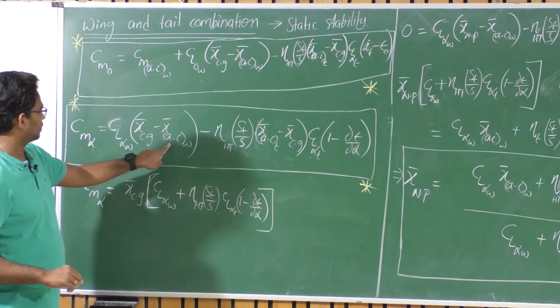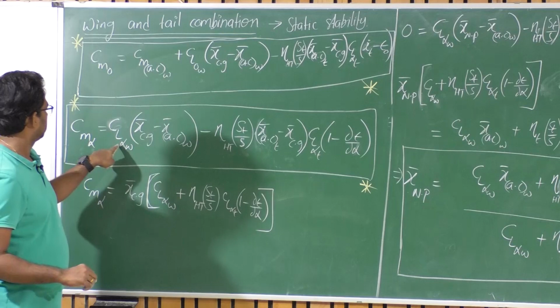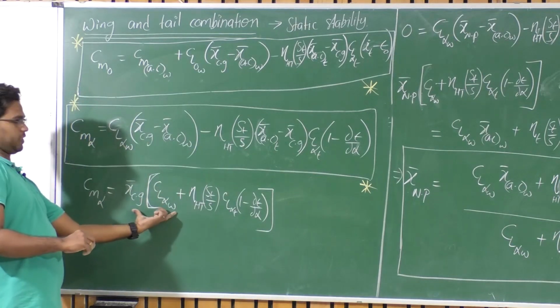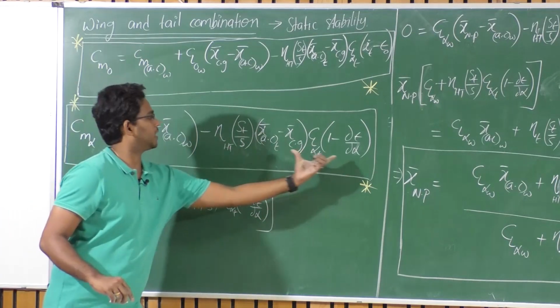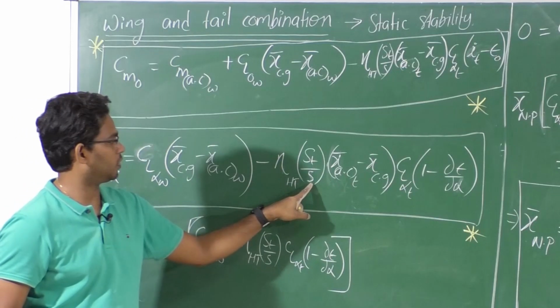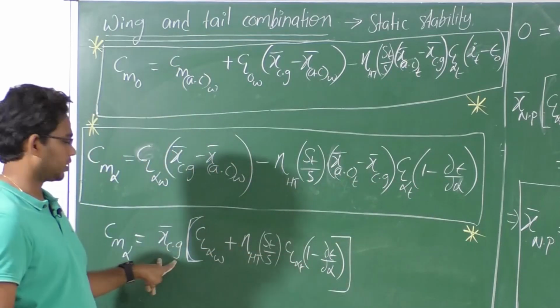So I have this Cg multiplied by Cl alpha here, and then this Cg multiplied by this entire term, minus of minus, it becomes plus. I have eta St upon S, Cl alpha of tail, 1 minus dou epsilon by dou alpha multiplied by Cg here, and then I have taken x bar Cg outside.